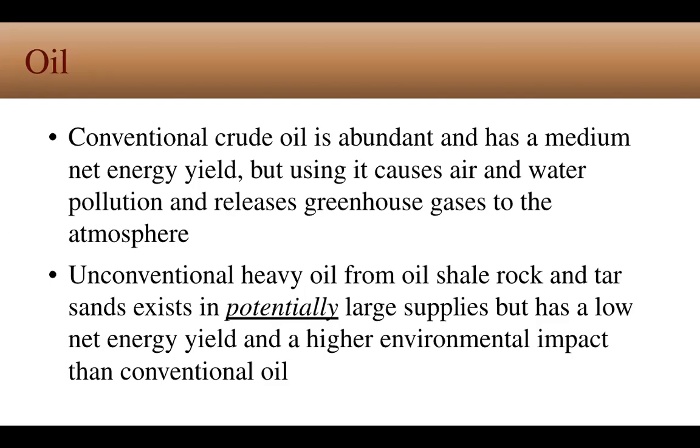Just as a frame of reference, oil coming out of unconventional sources, in order to break even, they need to have oil on the world market be priced at around $70 a barrel. And oil hasn't been at $70 a barrel in well over a year. I think the last time I looked, it was trading at about $33 or $34 a barrel.